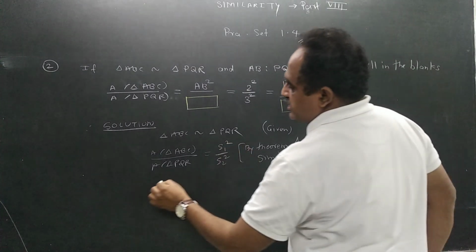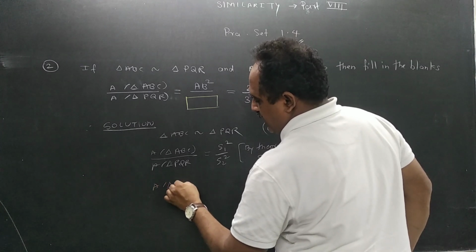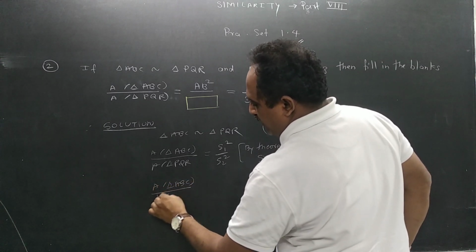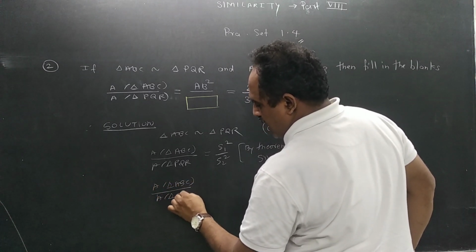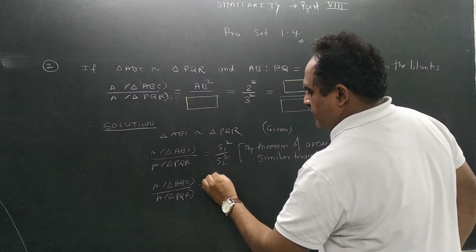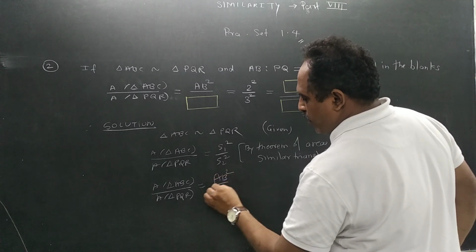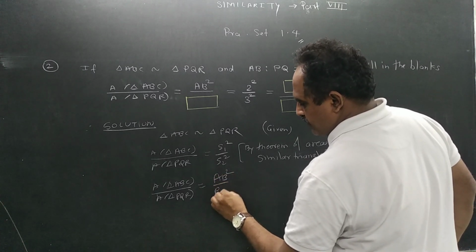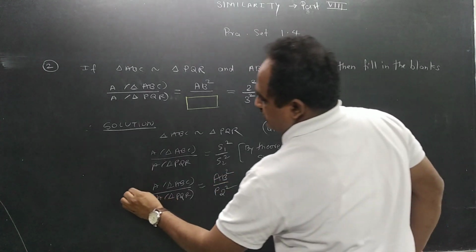So now which are the corresponding sides? So area of triangle ABC upon area of triangle PQR is equal to AB square upon PQ square. And it is so.